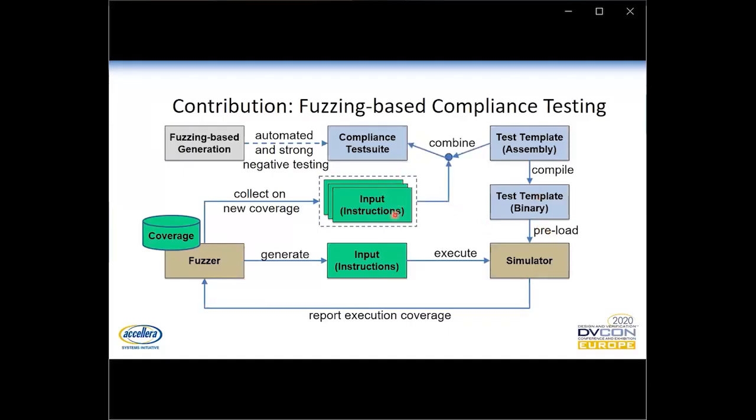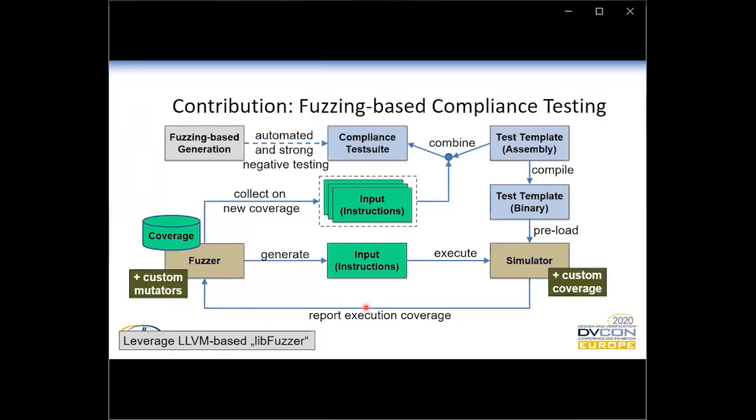And this final input and the template are combined to form the compliance test suite. Now, to realize this complete loop, we leverage the LLVM-based libFuzzer library. And to further improve this approach, we have defined custom mutators as well as custom coverage. Moreover, we filter out several instructions, and this I detail in the following.